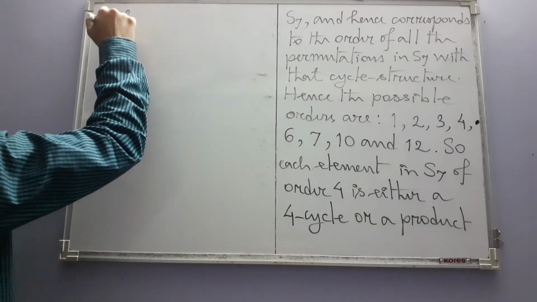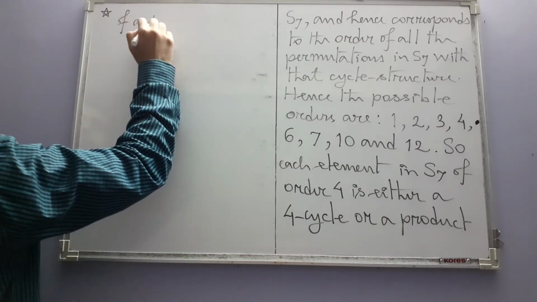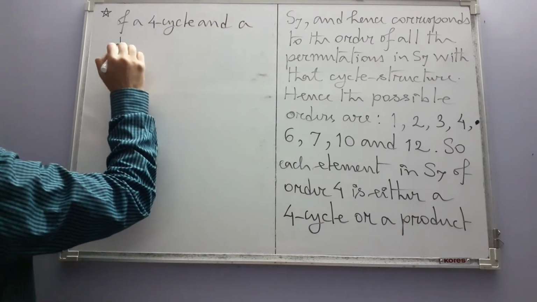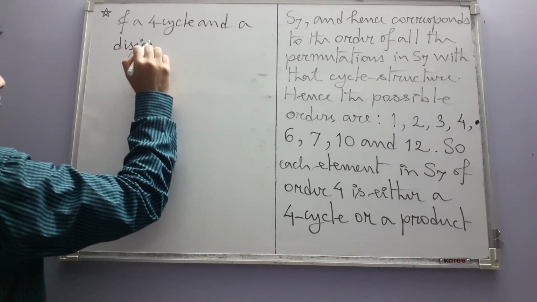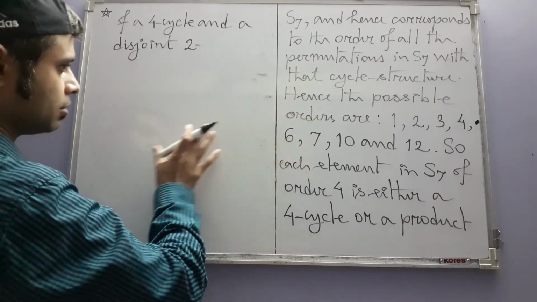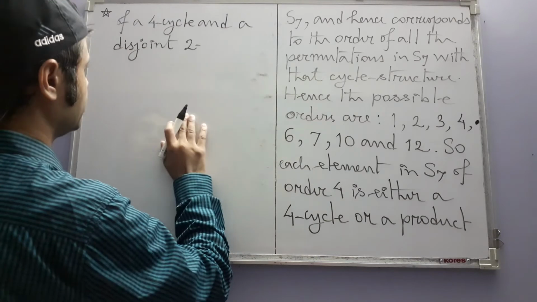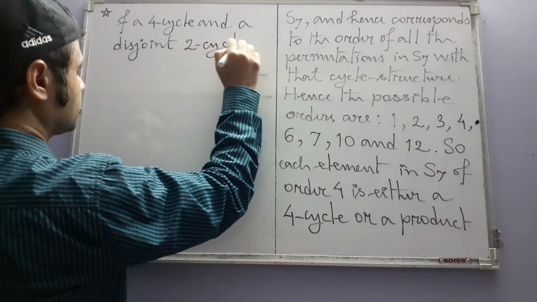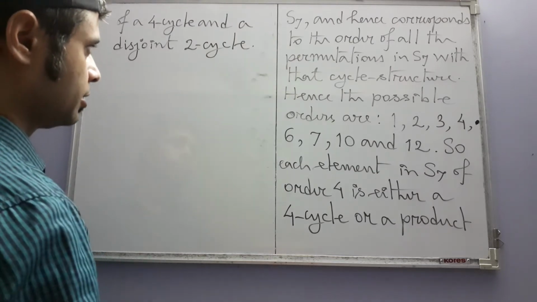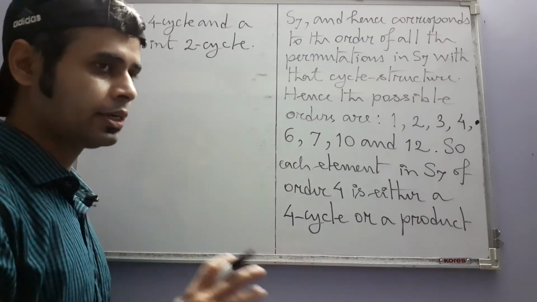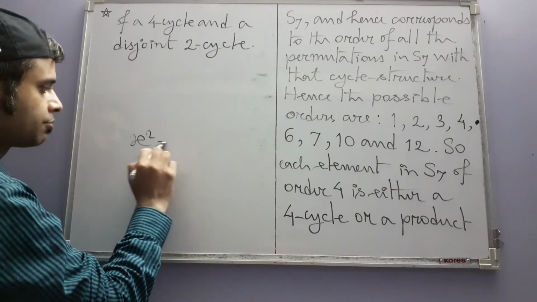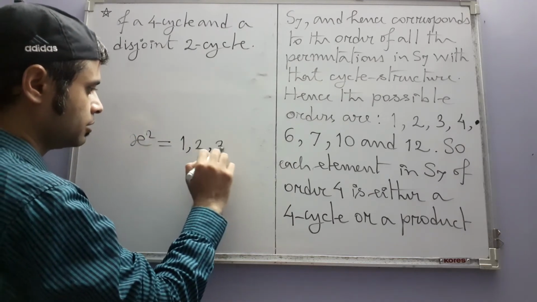Or a product of a 4 cycle and a disjoint 2 cycle. Disjoint, of course, because when we are talking about cycle structures, the cycles in a single permutation are disjoint cycles. Now not just any 4 cycle, but the kind of 4 cycle for which x square is equal to this.